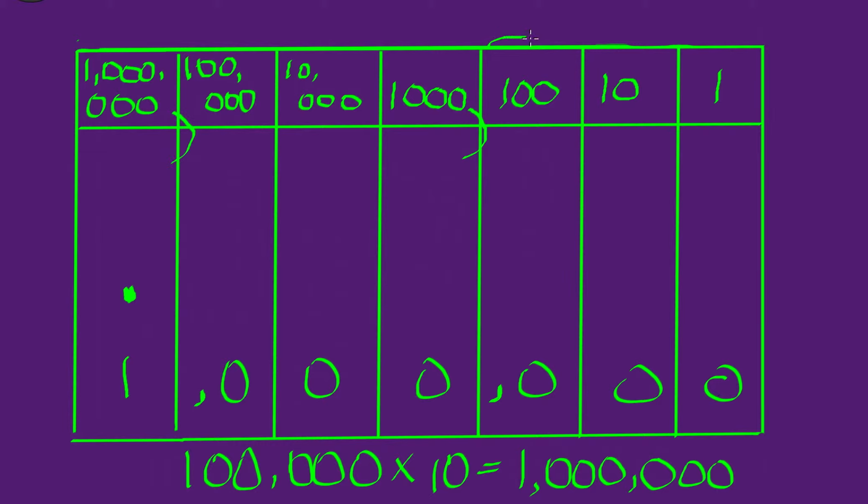So in other words, these 3 are called the ones. These 3 are called the thousands. I'll just write it really small. Thousands.